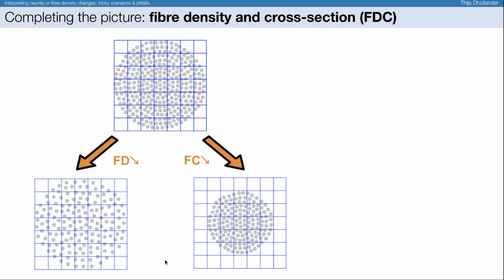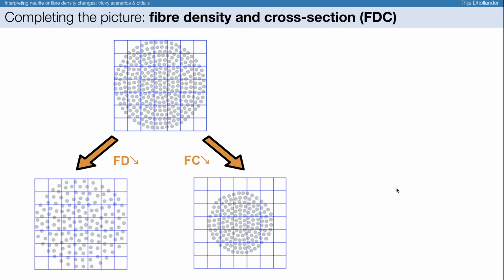So interestingly, the situation here with lower FD and the situation here with lower FC, in many ways they are similar. They end up with less axons. And actually in this example, the number of axons here and there are even the same. So in terms of how much the white matter is damaged, this is the same. But we do have the specificity to distinguish whether that's due to a decrease of fiber density or a decrease of fiber cross-section.